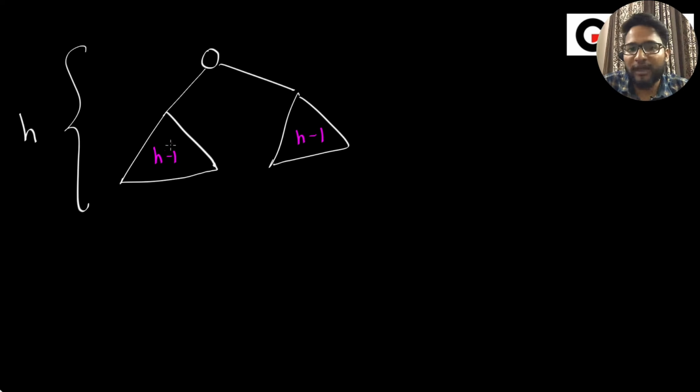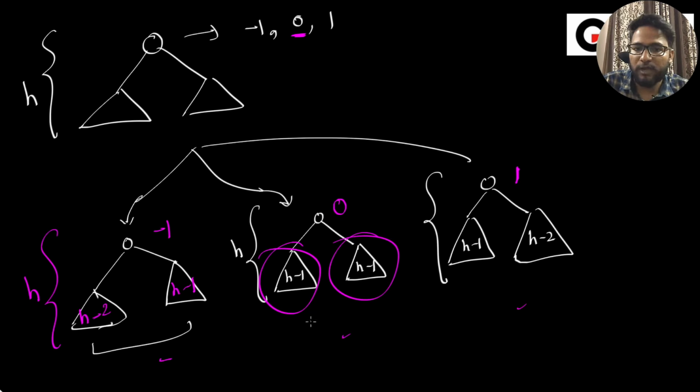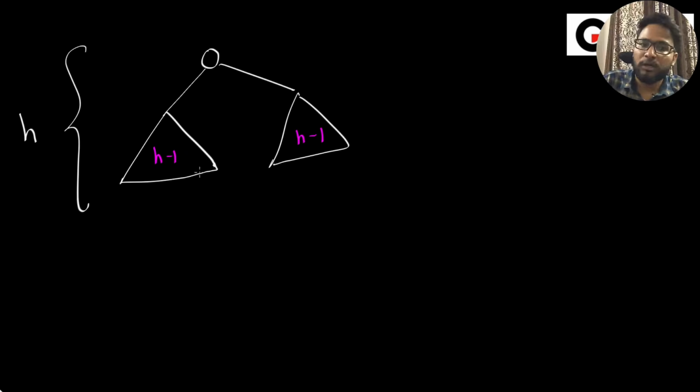Why take a lesser height, why take h minus 2 anywhere? If the height is more, which is h minus 1, then I will fill in more nodes. That is why I will go with this option.